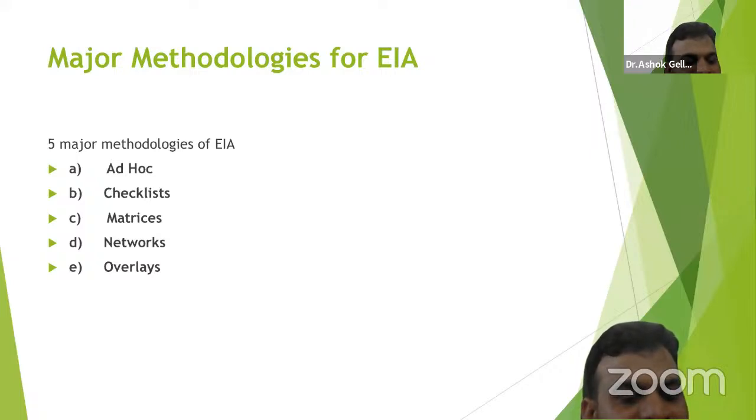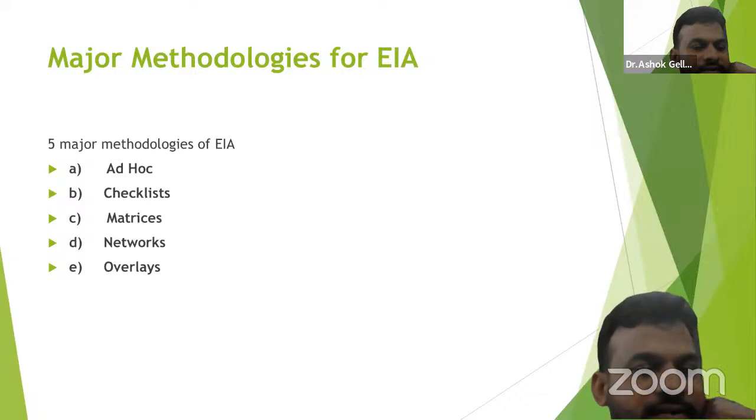In land use: wetlands and forest, grazing, agriculture, residential and commercial places, and industrial and mining areas. All this is considered in land use in the checklist method.